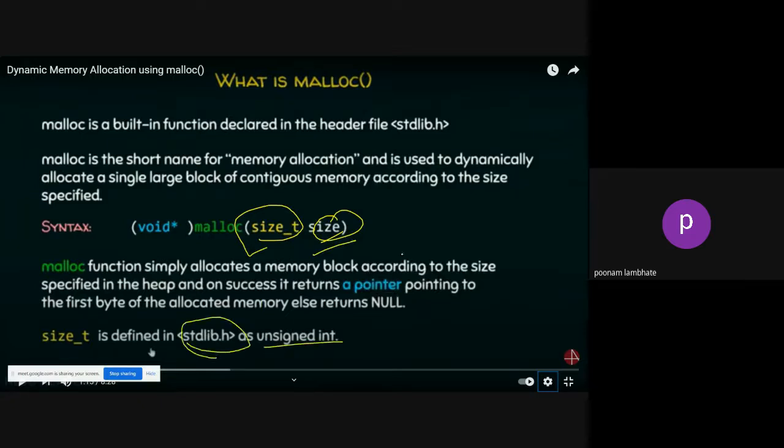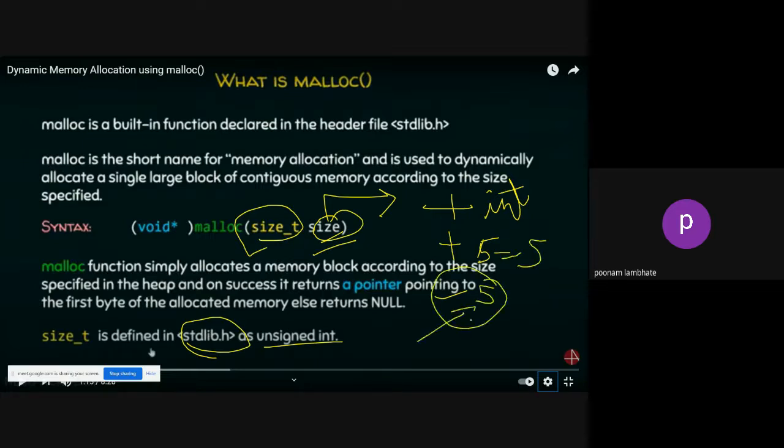Size_t means unsigned int, which is defined in stdlib.h. So this size variable can hold only a positive integer value. Unsigned means no sign. We have only positive or negative signs. If we write +5, it is nothing but 5 itself, but if we write -5, it means -5. So minus is considered the sign, and if there is no sign, it means unsigned, that is, a positive value.